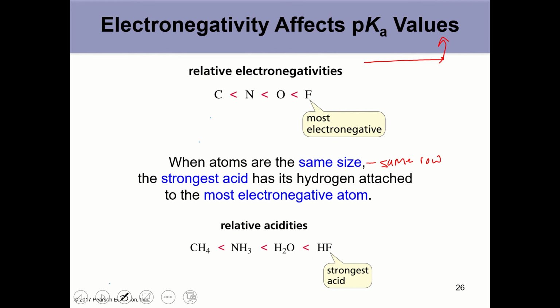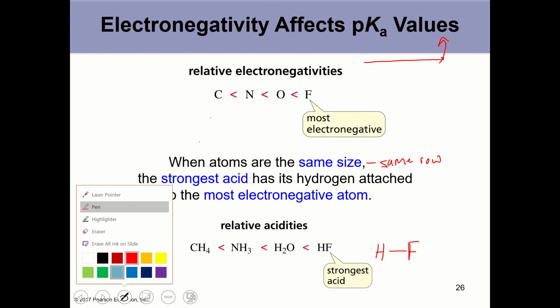So you could also, because you will always have access to the periodic table, look at the electronegativity of atoms in the same row to decide which atom, when bonded to hydrogen, will be the strongest acid. And the reason that it will be the strongest acid is because it will have the largest dipole moment.